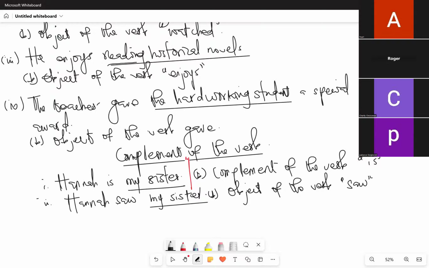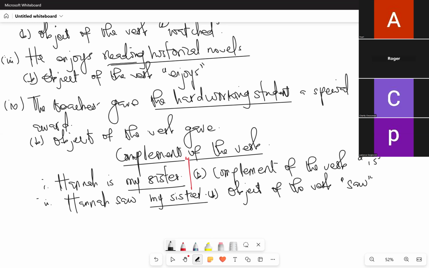So let's see. One second, guys. So I guess we have to do more.